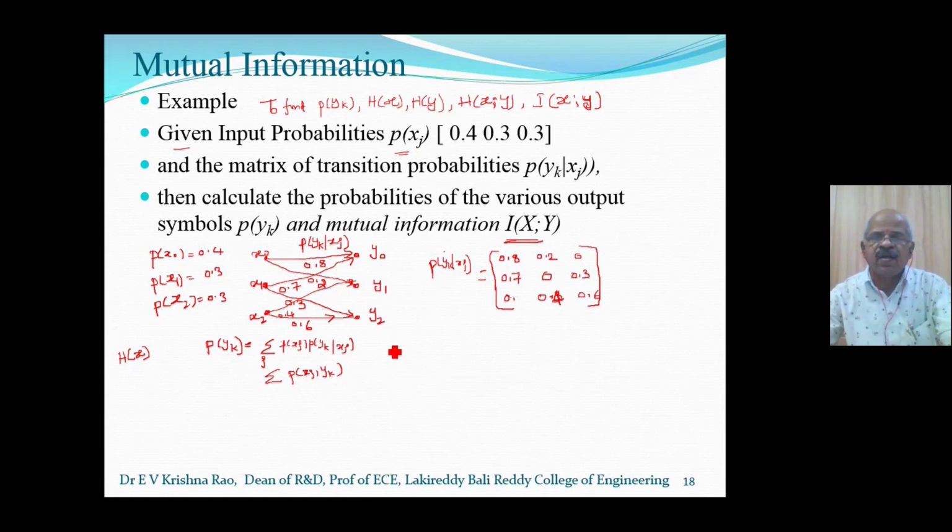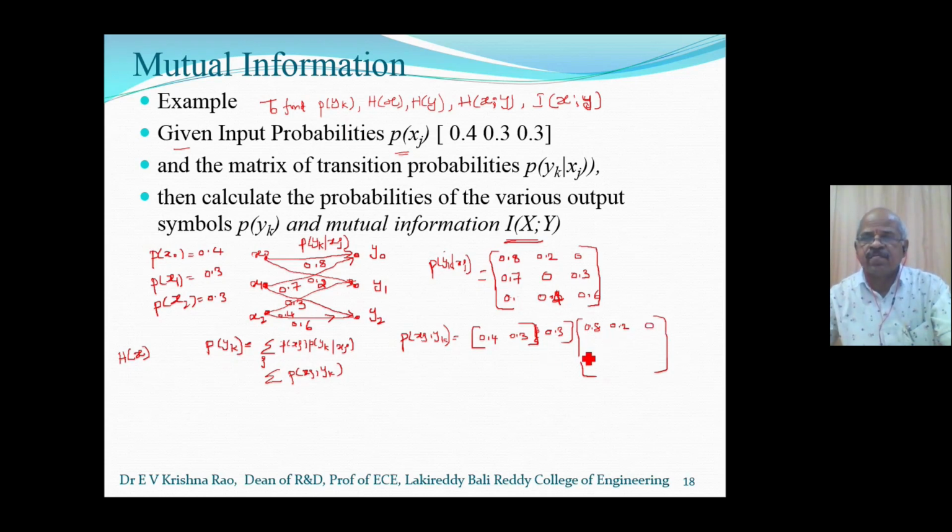So this is where we can find the joint probabilities: in matrix form, multiply P(xj), 0.4, 0.3 and 0.3, with the transitional probability matrix 0.8, 0.2, 0; 0.7, 0, 0.3; 0, 0.4, 0.6.